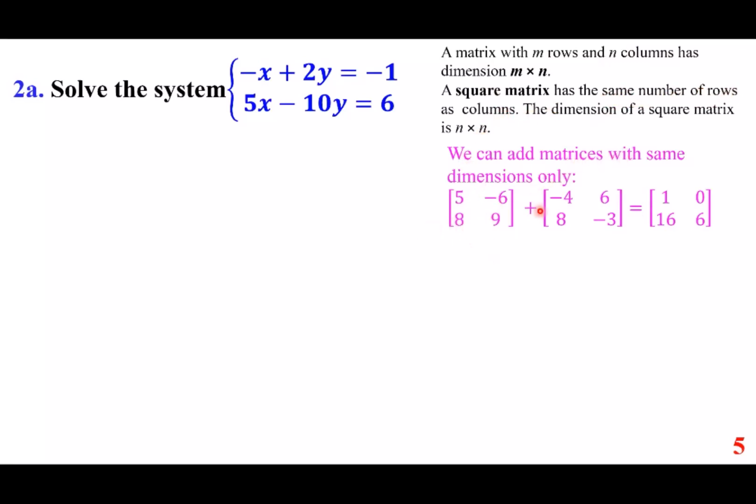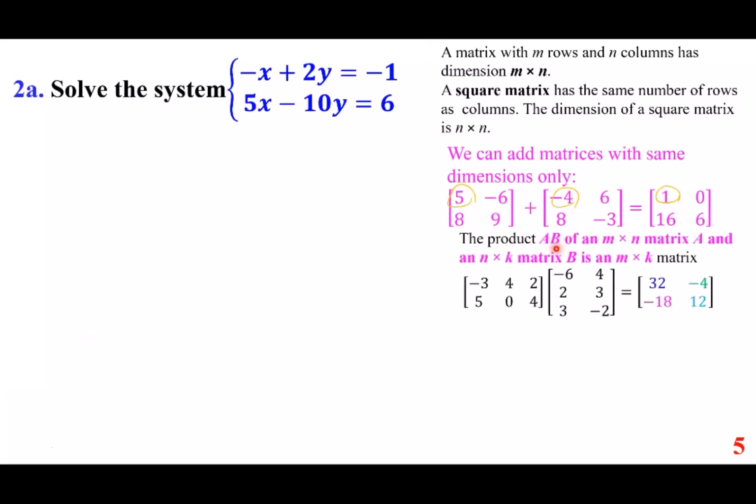We can add matrices if they have the same dimensions, and all you have to do is add the corresponding entries, 5 and negative 4, negative 6 and 6, 8 and 8, 9 and negative 3. So again, as an example, you would add these two to get this number, and the rest will follow. That's as far as addition is concerned.